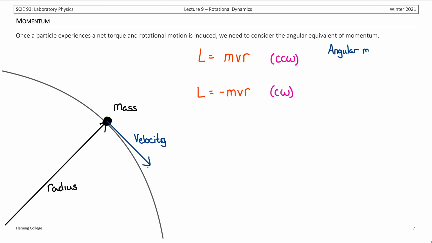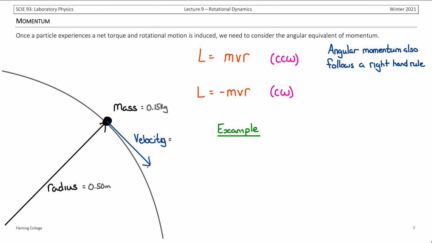Angular momentum also follows our right-hand rule convention of torque. Let's look at an example for a mass of 0.15 kilograms on a radius of 0.50 meters with a velocity of 1.1 meters per second. As we said, this would be clockwise motion, so we'll use angular momentum is equal to negative mass multiplied by velocity multiplied by radius.